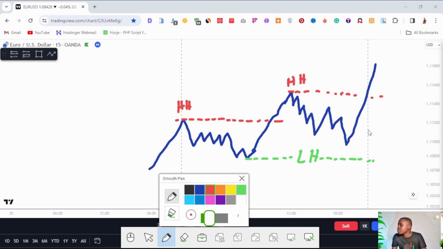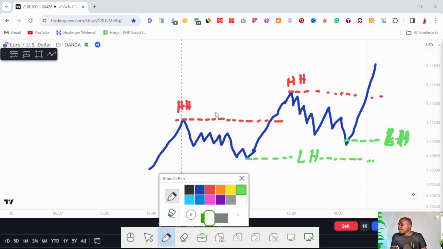This means we now have a new higher high, and we have a new lower high here. Or it's a higher low, whatever it is. I always confuse these names.